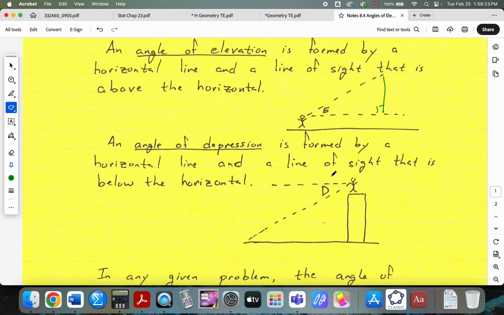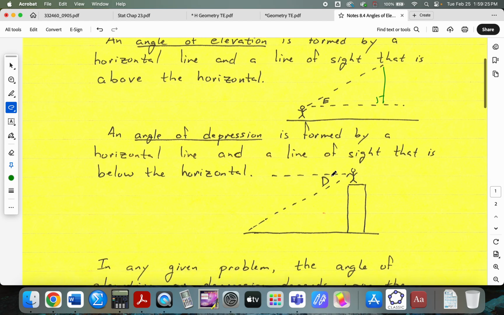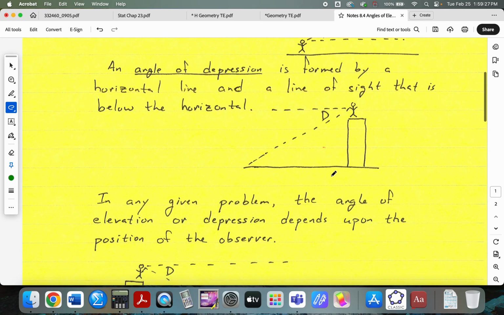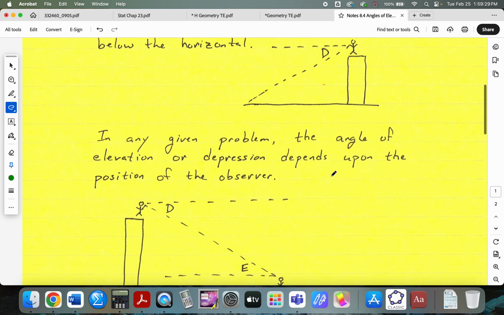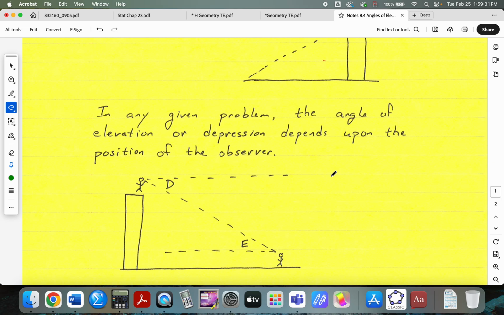But here's the thing. In any given problem, whether it's an angle of elevation or an angle of depression just depends on who's observing. If someone on the ground is looking at something up in the air, it's an angle of elevation. If someone who's up off of ground level is looking at someone on the ground, it's an angle of depression.